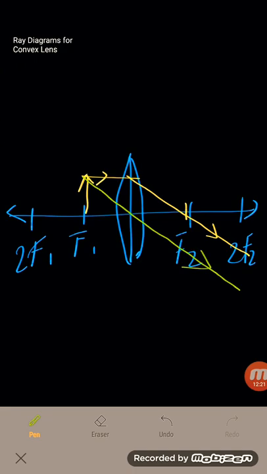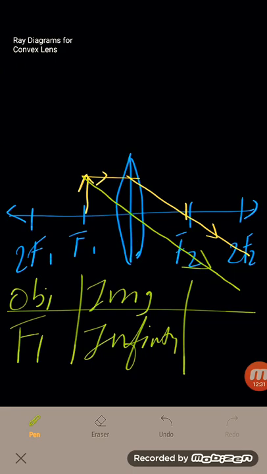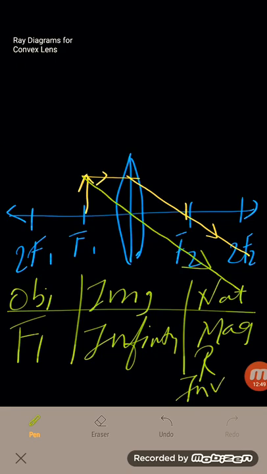So it means that if the object is at f1, the image is at infinity. Okay, we'll assume that these rays are going to meet somewhere, right? What will be the nature? The nature will be magnified, of course, because the image will form after 2f2. It will be magnified, it will be real, and it will be inverted, right?